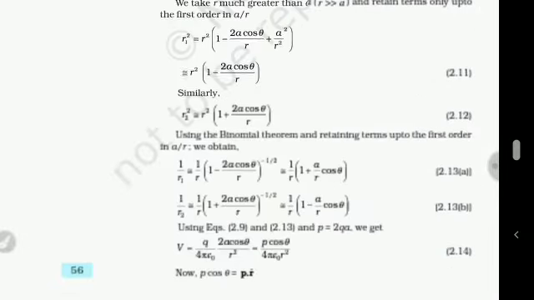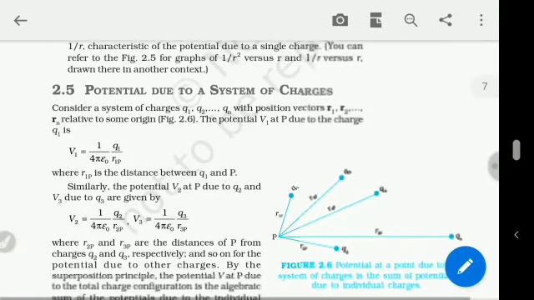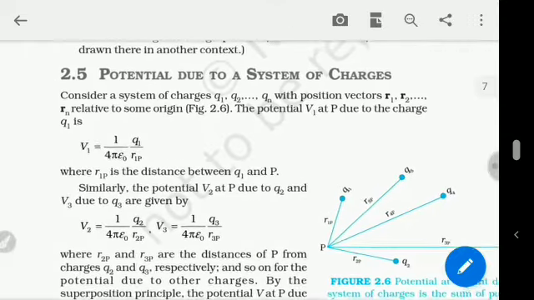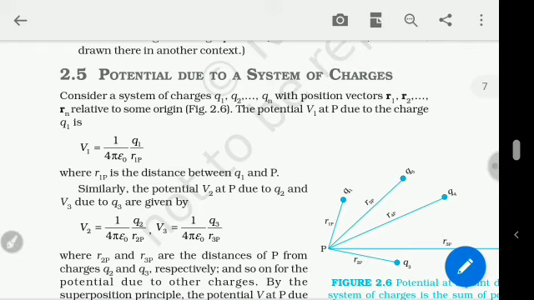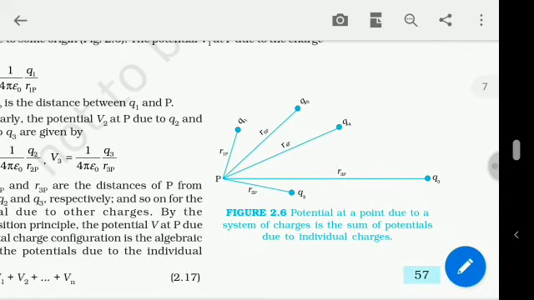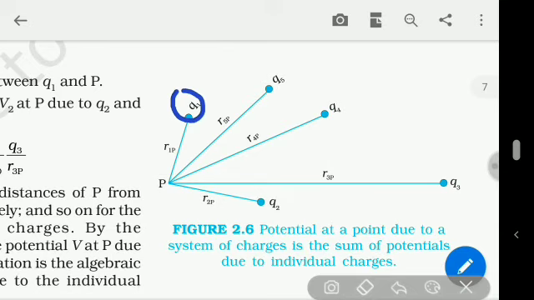Next is about potential due to a system of charges. I have explained this type of concept earlier also, that if there are many charges in this way, suppose the charge q1 is here, then charge q2 is here, q3, q4 and q5 and so on. There can be many charges.